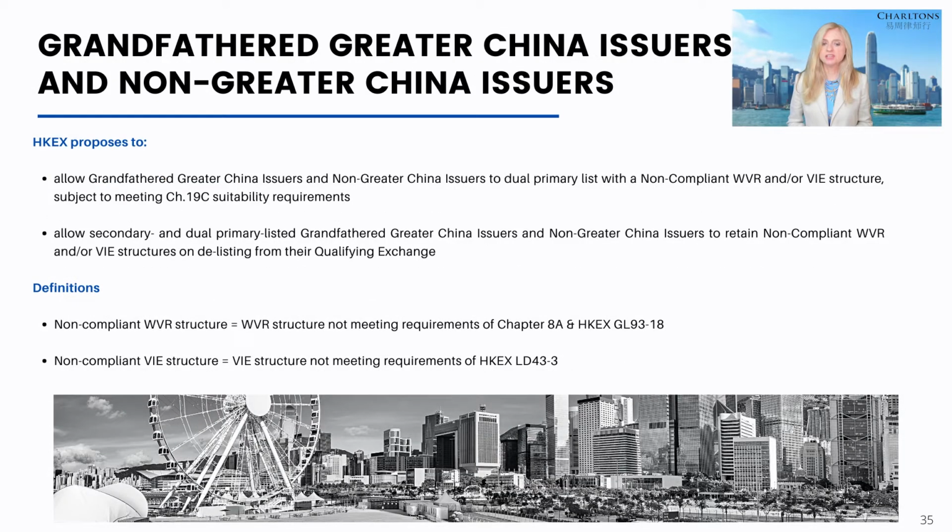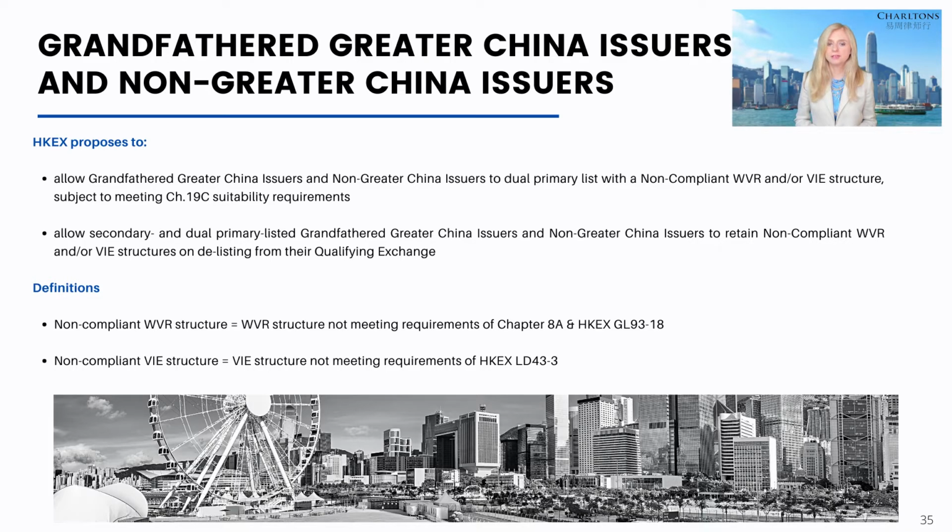The Hong Kong Exchange is also proposing to allow grandfathered Greater China issuers and non-Greater China issuers with non-compliant weighted voting rights and/or VIE structures to dual primary list on the Hong Kong Exchange. At present, grandfathered Greater China issuers and non-Greater China issuers cannot apply for a dual primary listing on the exchange while retaining a non-compliant weighted voting rights and/or VIE structure.